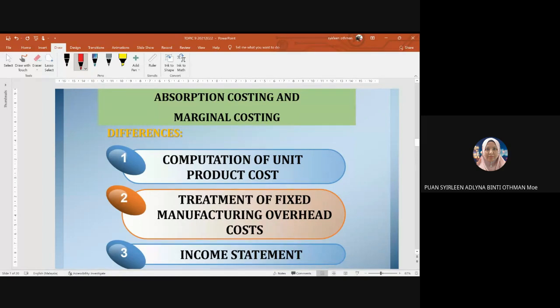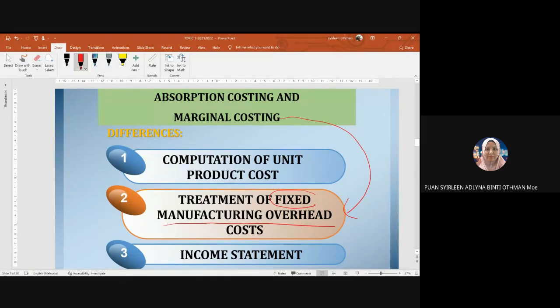So that means dia ambil kira direct materials, direct labor, and variable manufacturing overhead. Okay, so untuk absorption, fixed manufacturing overhead tu termasuk dalam pengiraan cost per unit product. Whereas for marginal costing, okay, the fixed manufacturing overhead tu tidak dimasukkan dalam pengiraan cost per unit product, tapi dia will be treated as period cost.